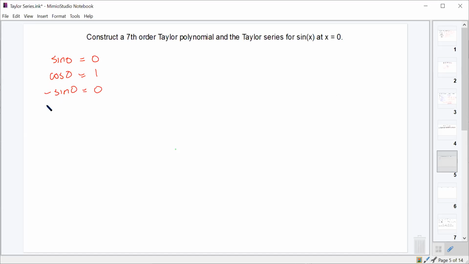Derivative of negative sine should be negative cosine, which should give us negative 1. And then the derivative of negative cosine should be back to sine, giving us 0. And then cosine, back to 1, negative sine, back to 0, and negative cosine, back to negative 1. Everybody agree with that?